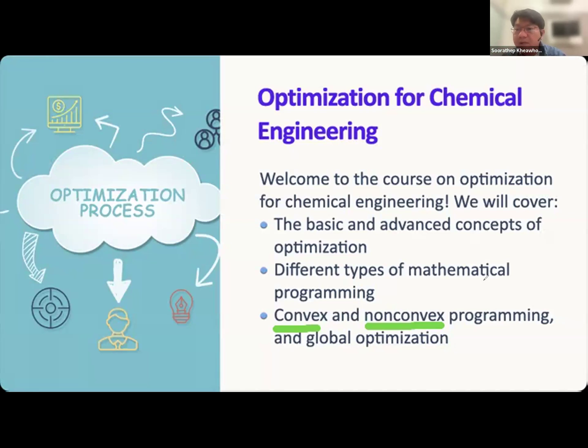But what about non-convex? Non-convex is not convex. A circle is also a form of convex. We will deal with them later, but just to let you know that we have this concept.